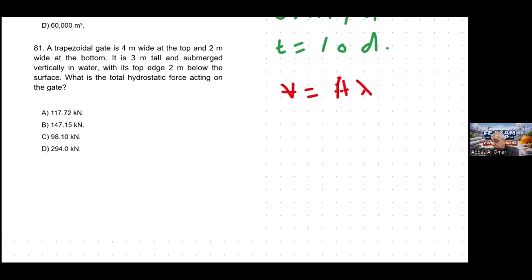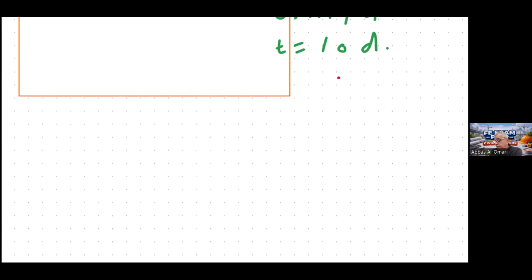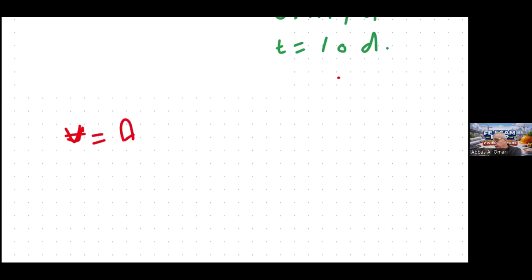Let me write down the volume equals the area multiplied by evaporation rate multiplied by the duration, the time.